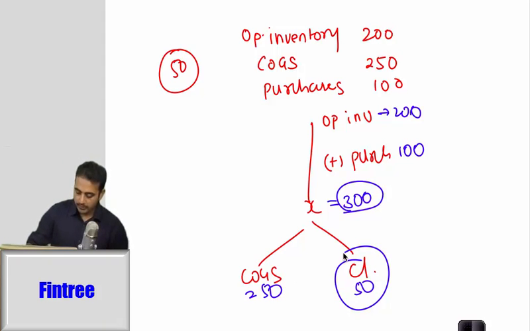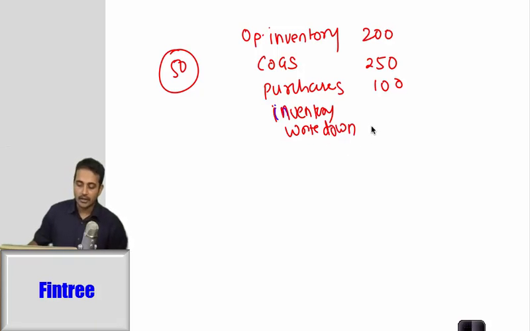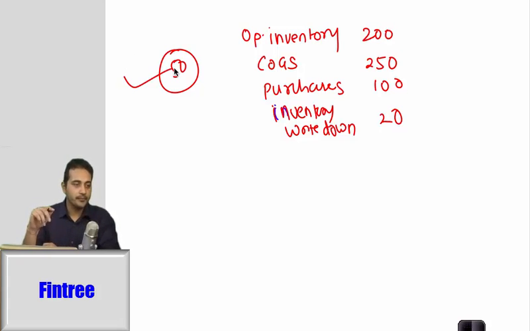Let me add one more variable to this equation. Inventory write down in that particular year is 20. Find out the closing inventory. How much? 30? Your closing inventory is still 50, because inventory write down was considered as a part of COGS.